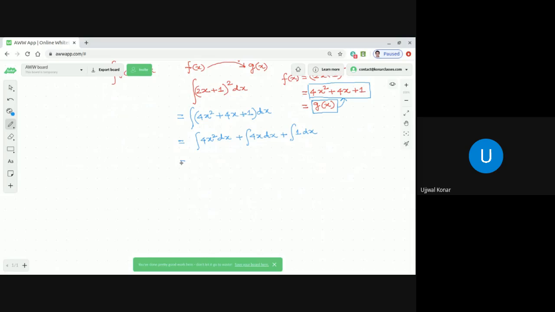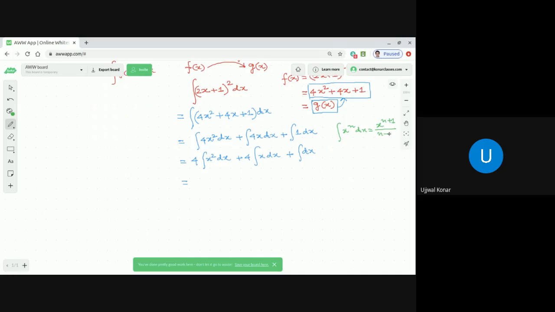As we know, we can take the constant out of the integration: 4 into integration x square dx plus 4 into integration x dx, and I'm just writing here integration dx. Correct or not, dear students? So that is equal to what? Now we know a formula: integration x to the power n dx is equal to x to the power n plus 1 by n plus 1. Correct.